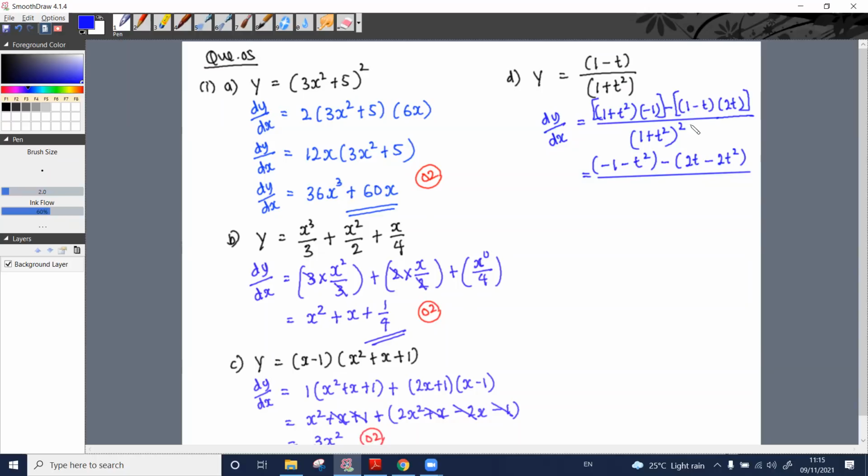In the denominator, we have 1 plus t squared whole to the power 2.